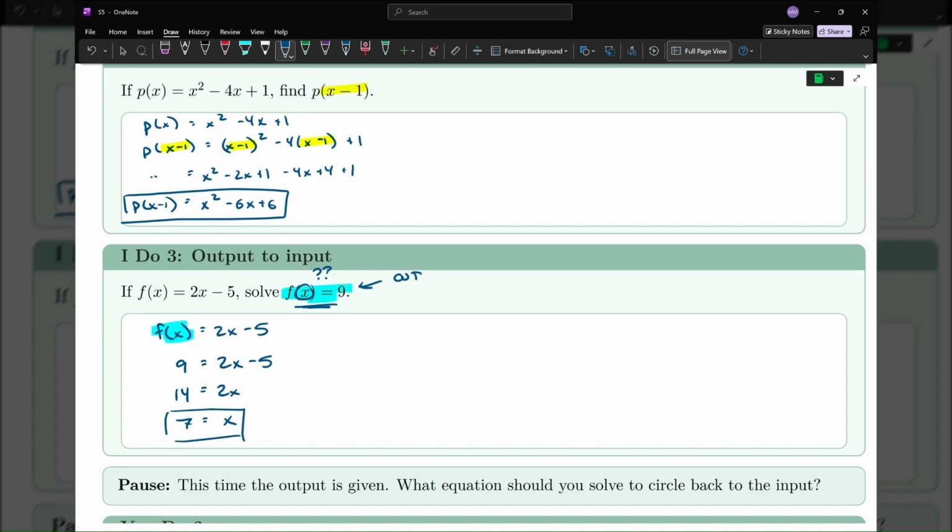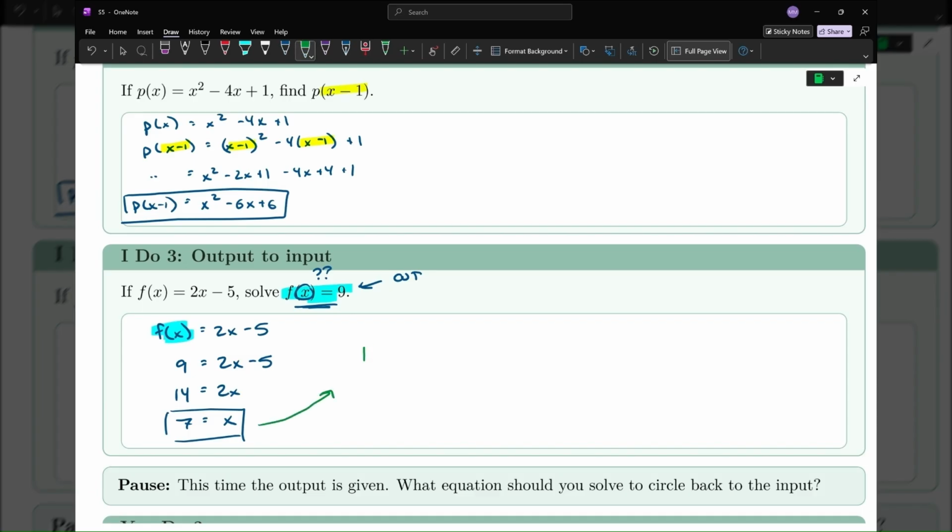Now notice function notation-wise, we don't love that. Up here, we had a really nice, like, hey, if your input is x minus 1, your output is this. Down here, we're now just kind of generically saying, hey, x is 7. When is x 7? And you have to look back at the question for if the output was 9. So if we wanted, as a complete sentence, we don't have to here.